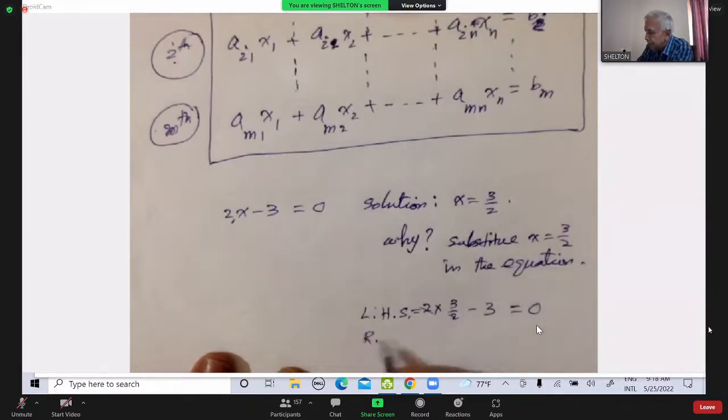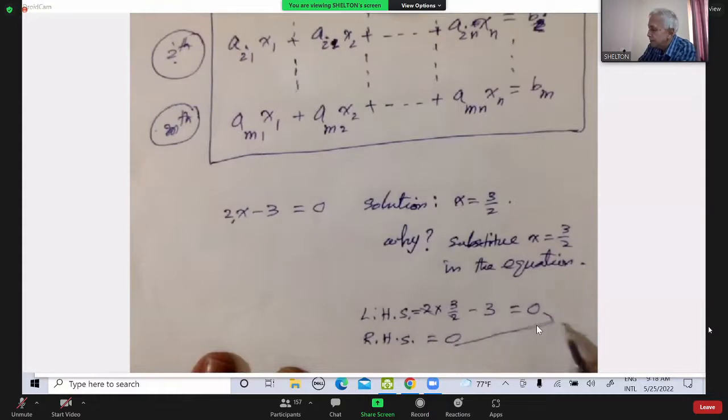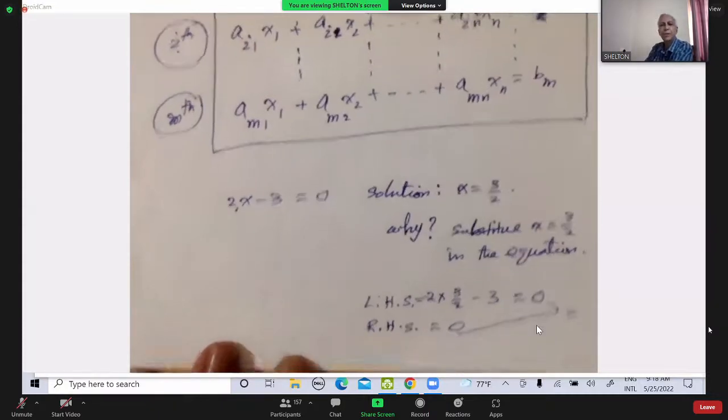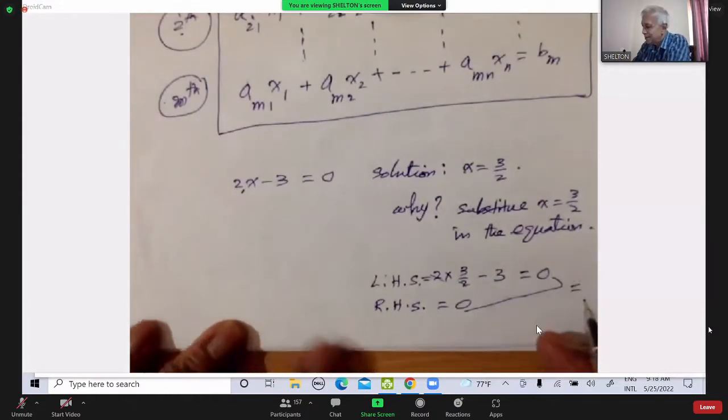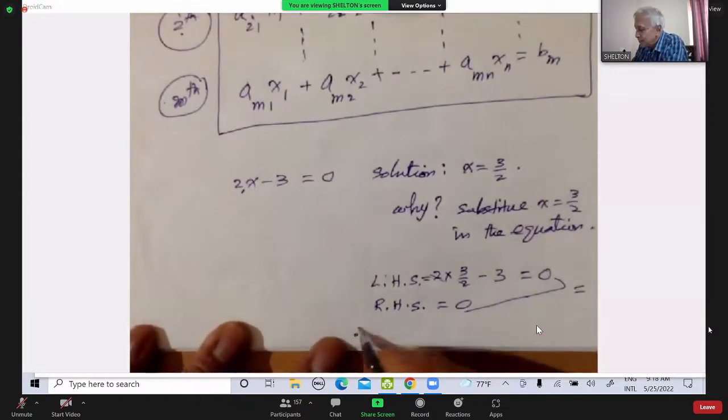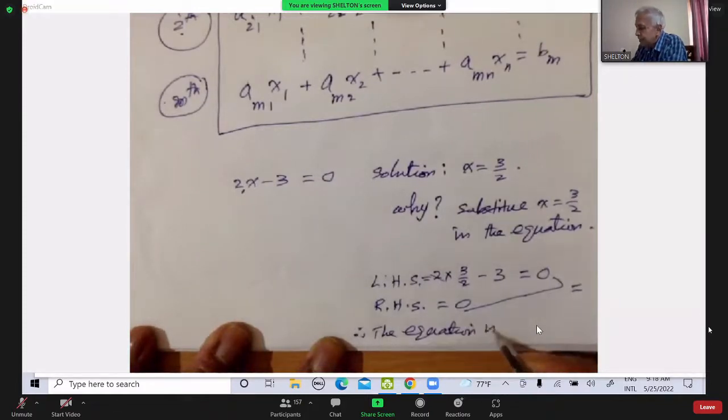What is the right hand side? Right hand side of that equation is also 0. These two are equal. Therefore, the equation is satisfied.